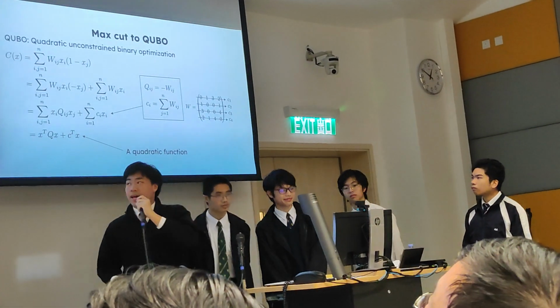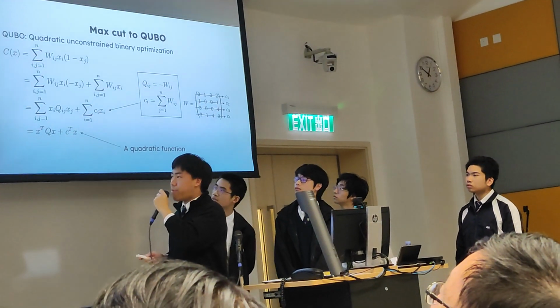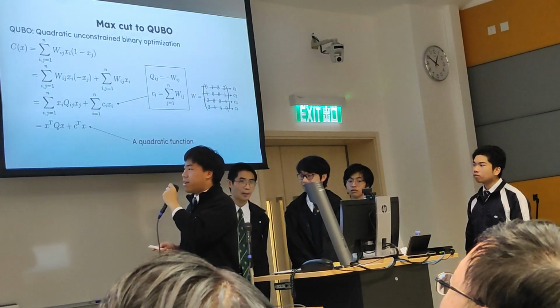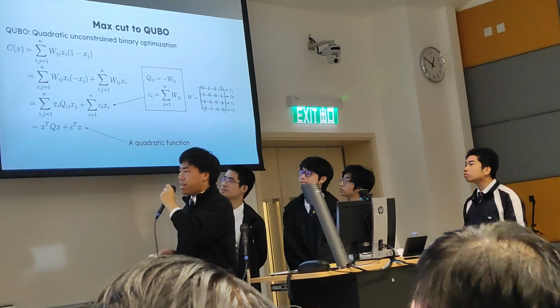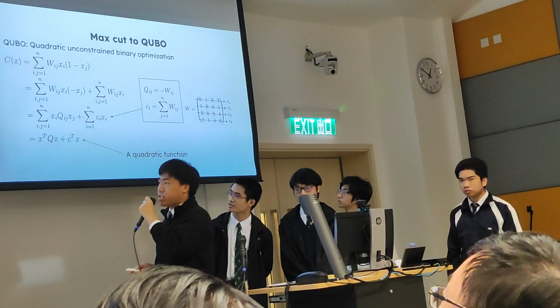And the next thing, after we have this expression, we can expand and do some algebraic work, and we can obtain an expression like this, which is a quadratic function, but in matrix form.